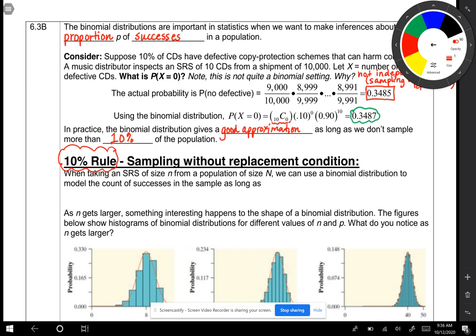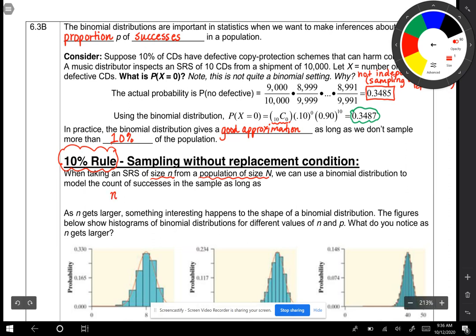When taking a simple random sample of size n, so lowercase n is like your sample, from a population of size n, capital N is the size of the population, we can use a binomial distribution to model the count of successes in the sample as long as the following is met.